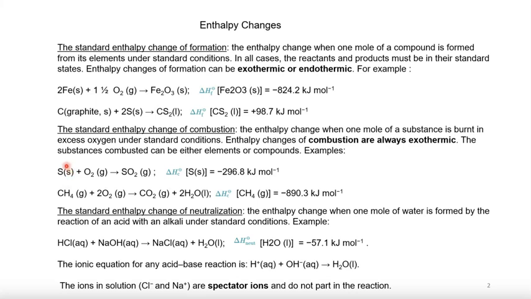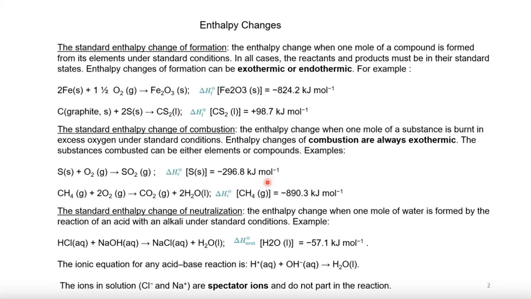Let's say here we have sulfur and oxygen, sulfur in solid state and oxygen in gaseous state. We form sulfur dioxide gas, and that is the standard enthalpy change of combustion of sulfur in solid state, which is minus 296.8 kilojoules per mole.